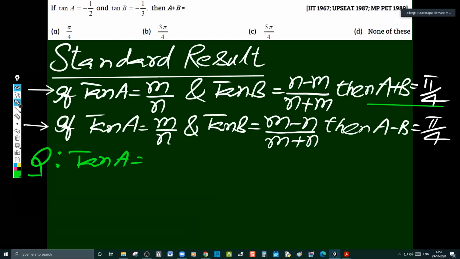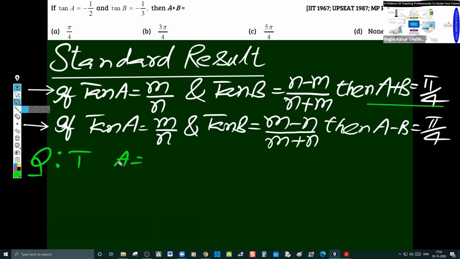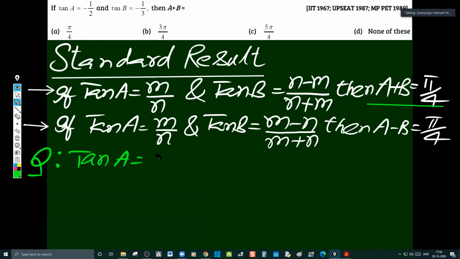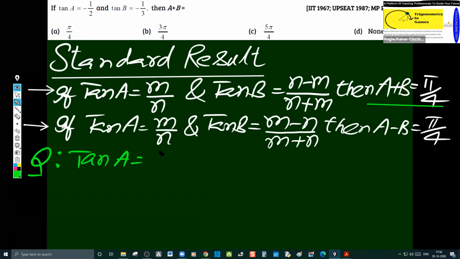Just a second. 1 by root 3. No, let me write that. 7 by 2, for example. And tan B, how to write, you know?